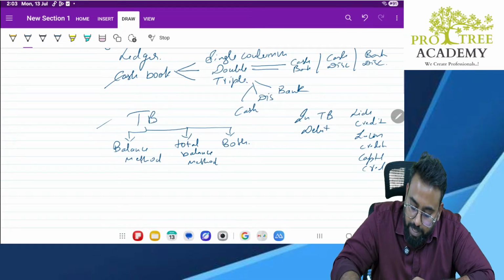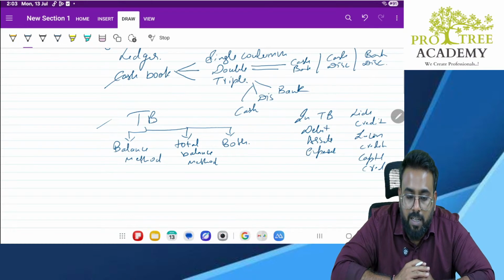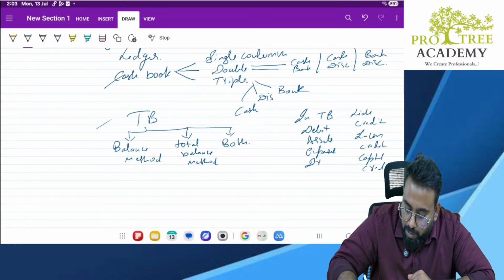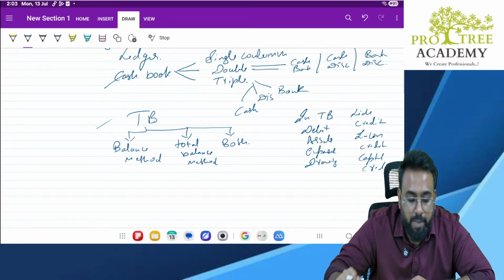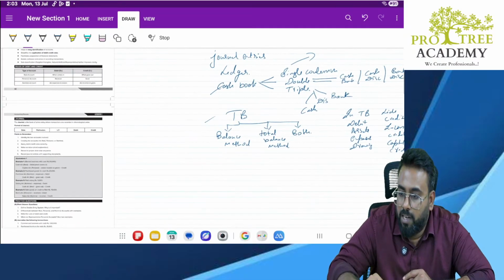And what will come on the debit? Assets, expense will come on the debit side. Is that clear, everybody? Okay. Drawings can also come on the debit side. If it is not close to capital account, then it will have debit balance. Clear?